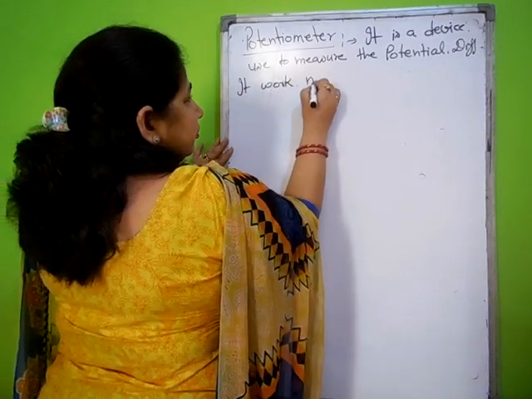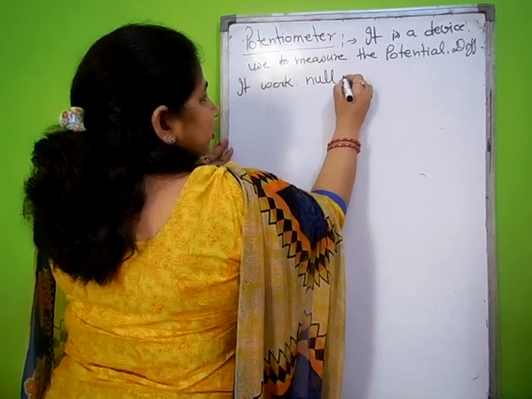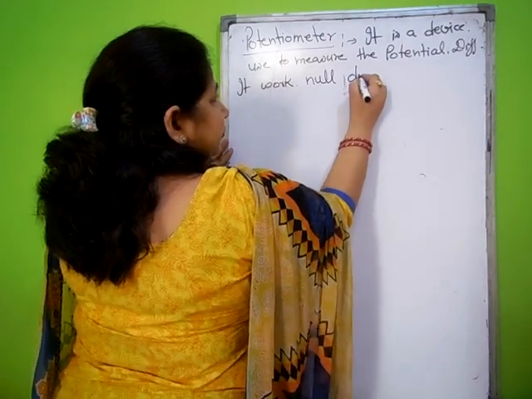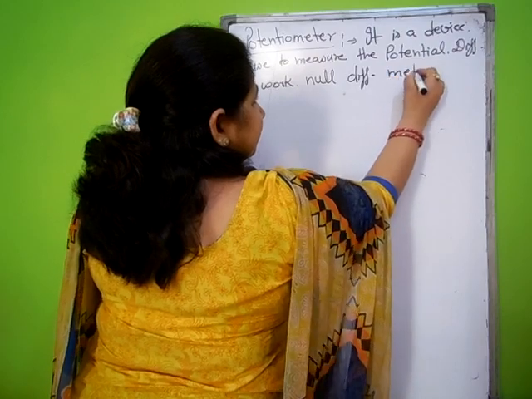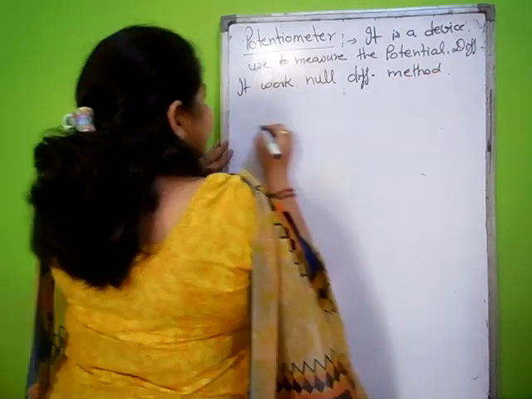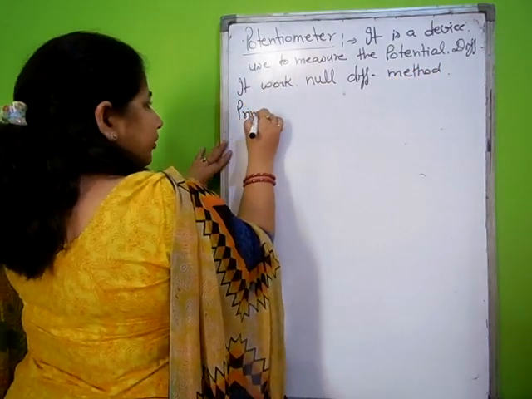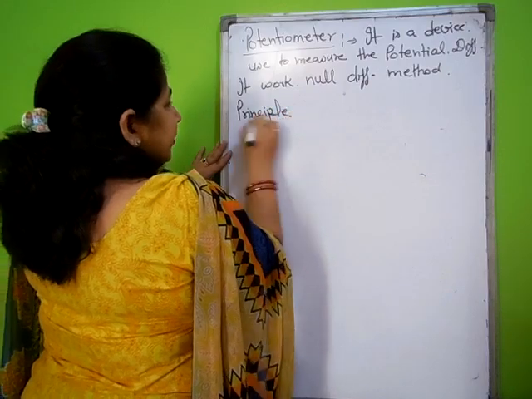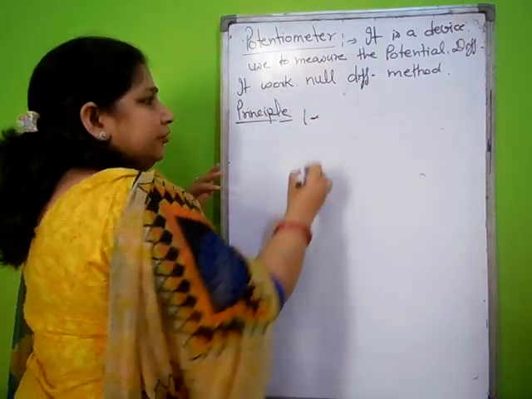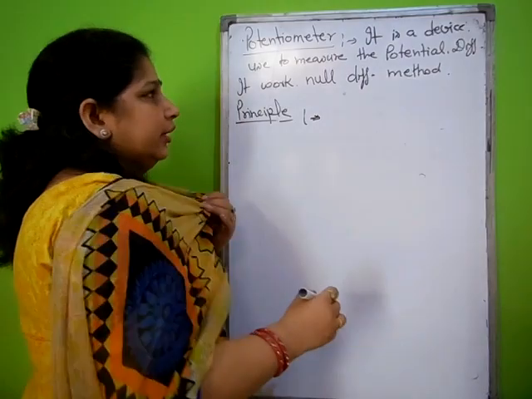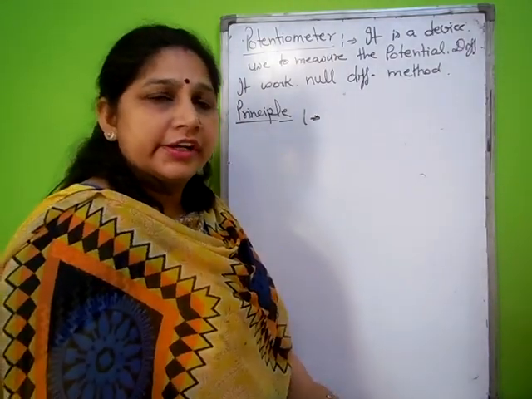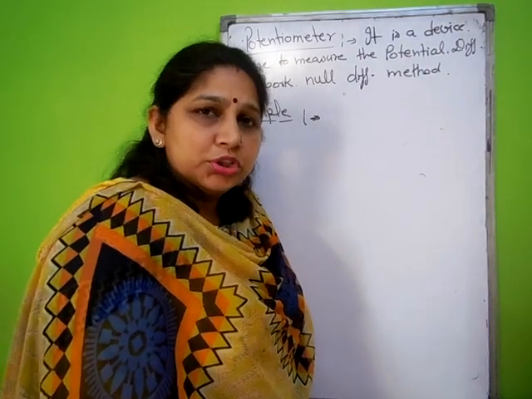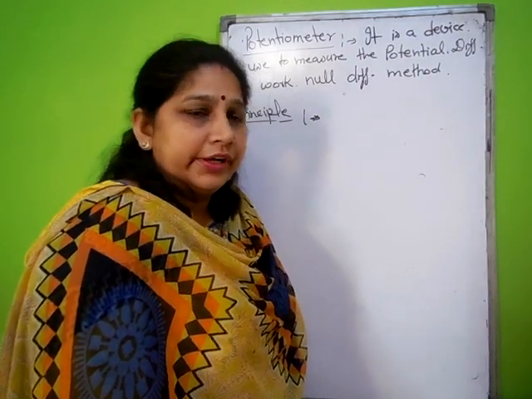It works on the null deflection method. What is the principle on which it works? It works on the principle that potential across any length of conductor is directly proportional to the length of conductor.